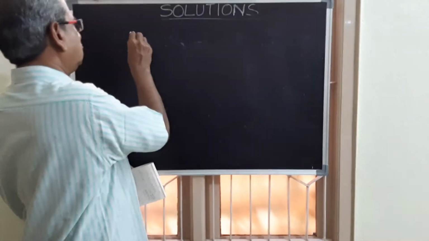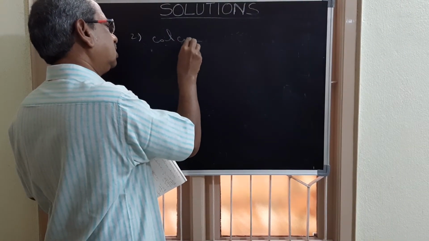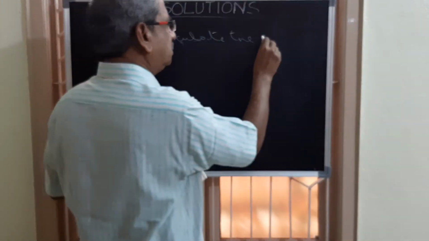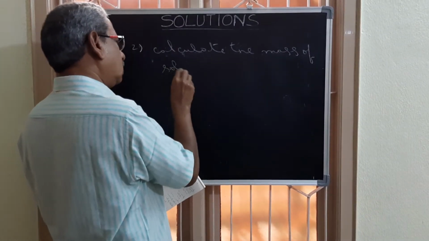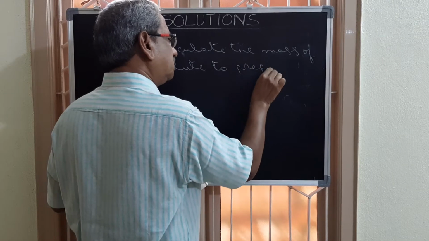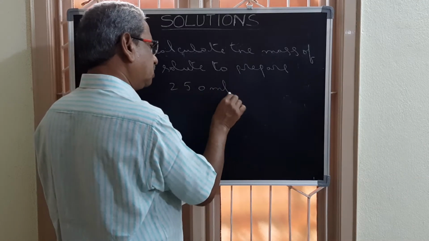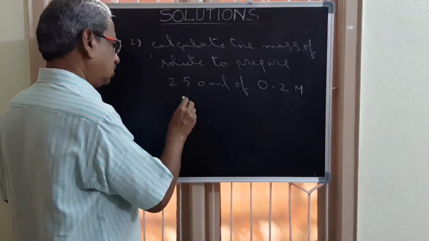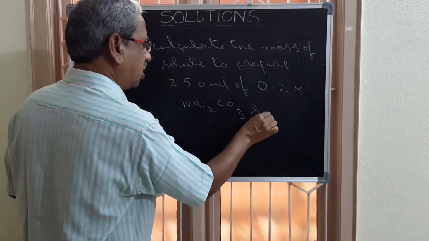Second problem. Note down. Calculate the mass of solute to prepare 250 ml of 0.2 molar Na2CO3 solution.